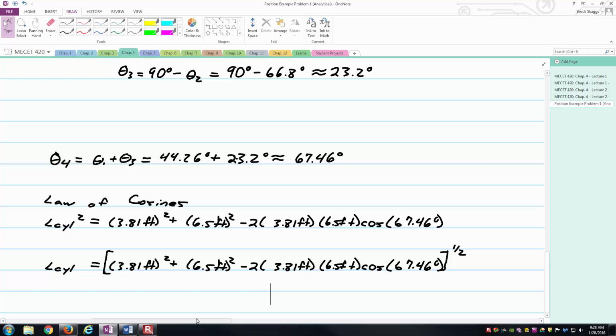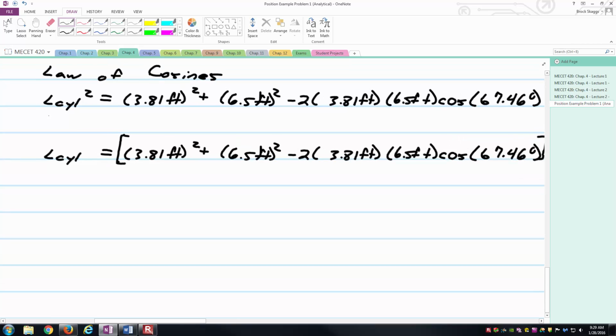What I've got at this point is 6.15 roughly, and units there would be in feet. Notice at this point all of our length units have been working in feet. Let's scoot down here. The result is approximately 6.15 feet. First, it's a good idea to check kind of intuitively, does this make sense to you?